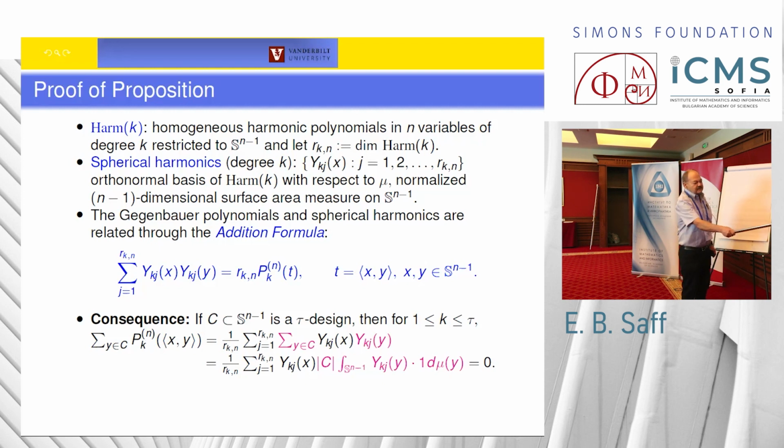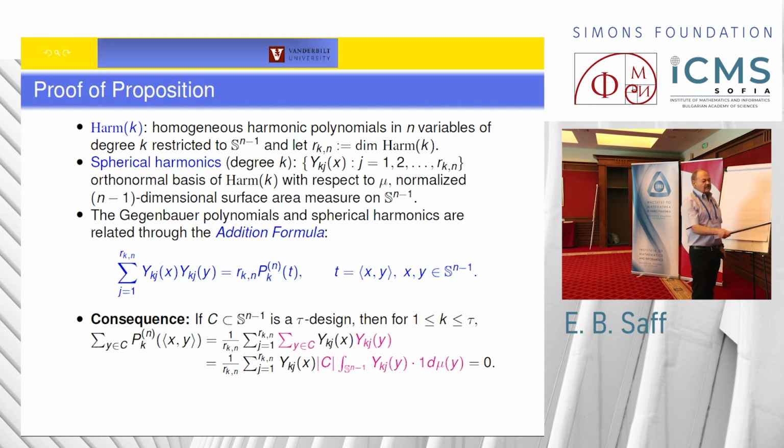So I've just done that here. Replace P_k by the expression in terms of the product of these Y's. And then I've put in red, I've interchanged the order of summation. And I put in red here something that looks exciting, because here we have the sum over points in the code of a polynomial of degree at most tau, right?